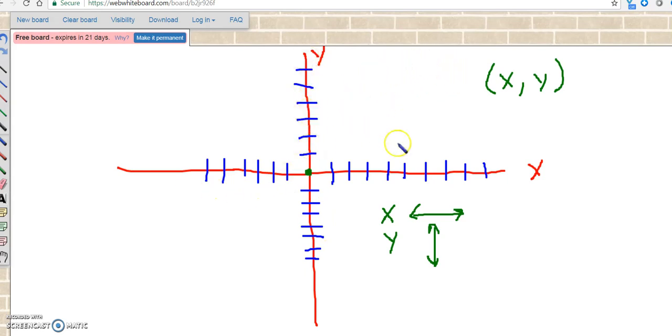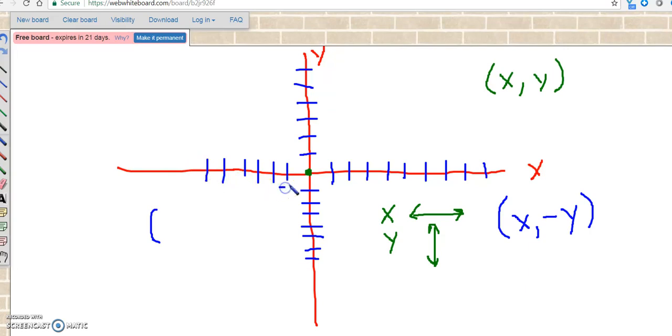So anything that's in this quadrant right here, the x and the y are both positive. Anything that appears in this quadrant right here, the x is going out in a positive manner, but the y is going down, so the y's are negative. Over here in this quadrant, the x is going backwards.